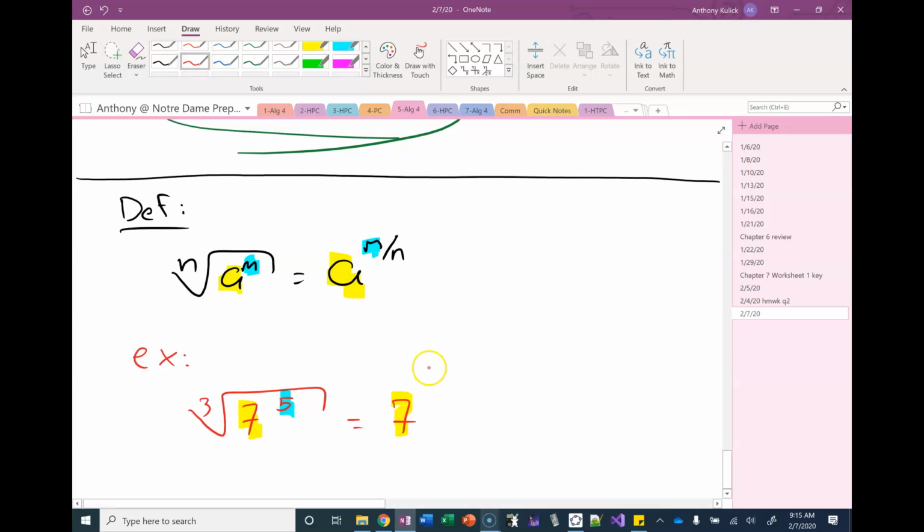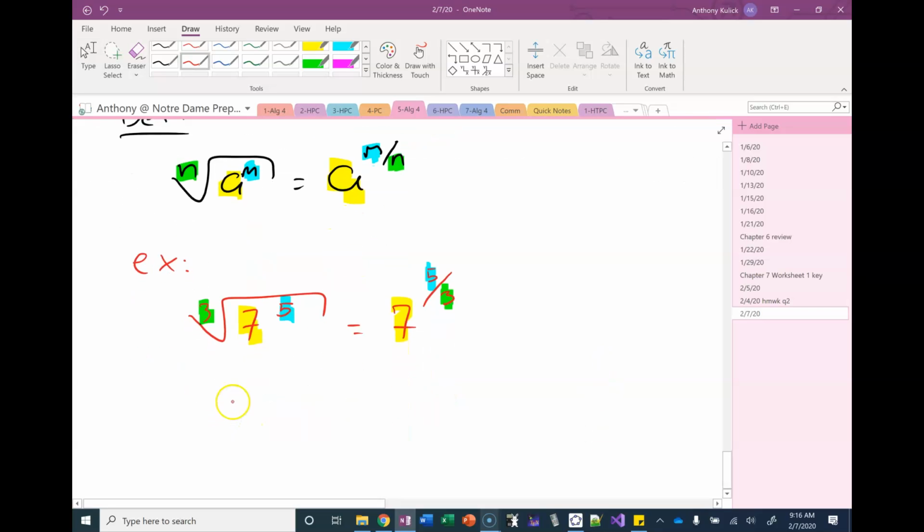So m is going to be the numerator of the exponent. And the n in our case is 3. So the denominator of my fraction should be 3. So this is the same thing as 7 to the 5/3. Is everybody okay with how I used that? Nothing trickier than that. That's just how we use it.